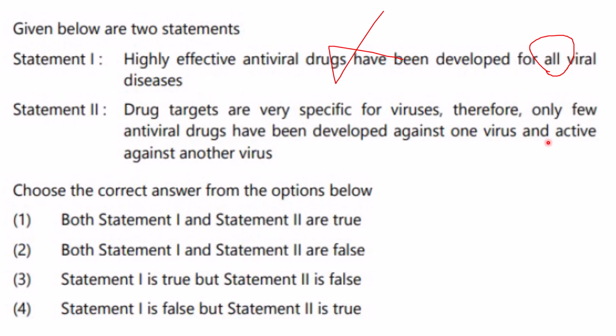Within the same family means if you target some proteins which are conserved among the various viruses belonging to this particular family, you can develop an antiviral drug. Suppose you are targeting the viral polymerase. Viral polymerases are conserved among viruses belonging to the same family. So when you develop the antiviral drug against the viral polymerase, it is active against one virus as well as another virus belonging to the same family. So statement 2 is correct.